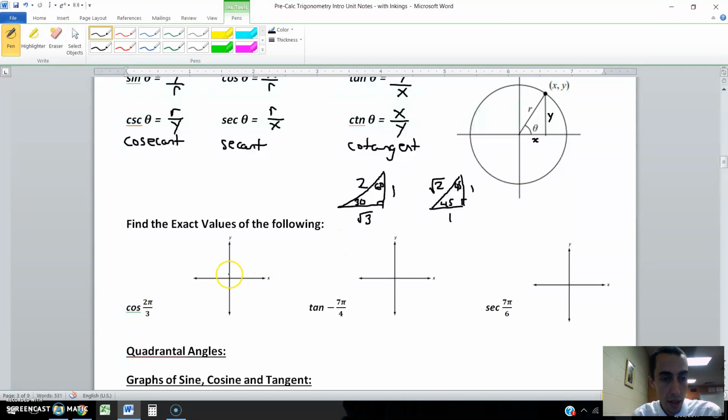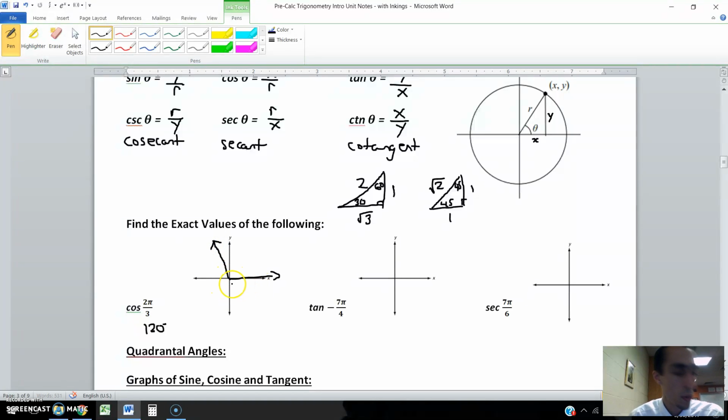All right, so cosine of 2 pi over 3. Start by drawing the angle 2 pi over 3. Now, 2 pi over 3, if you convert that into degrees, is 120 degrees. Put an initial side here. Terminal side would put us in quadrant 2 right there.